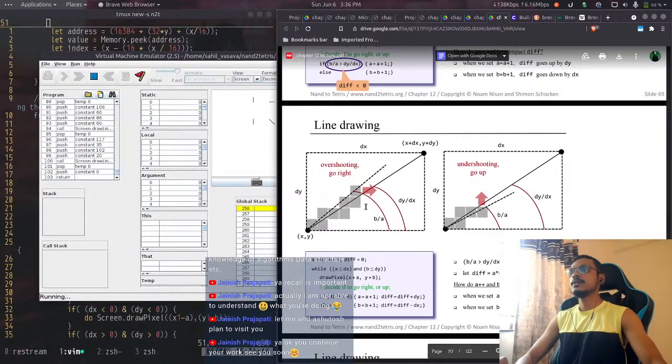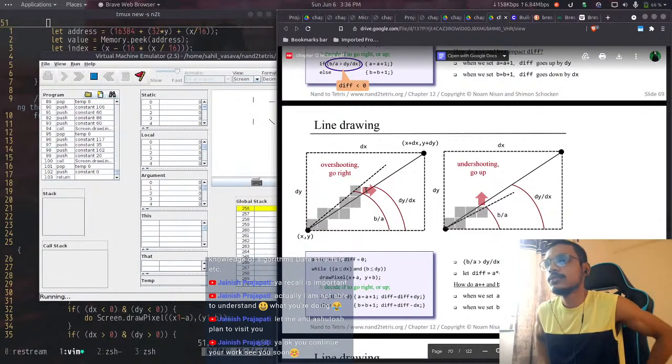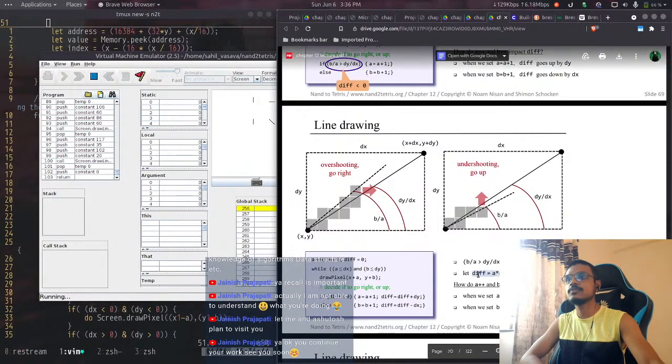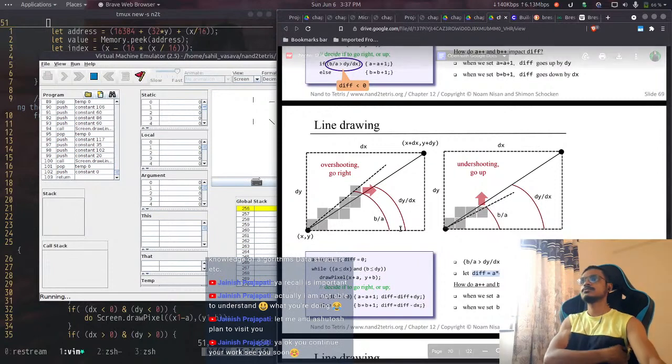Because we are decreasing y. So I think this equation still holds a value, but I'm not sure how to calculate b and a.